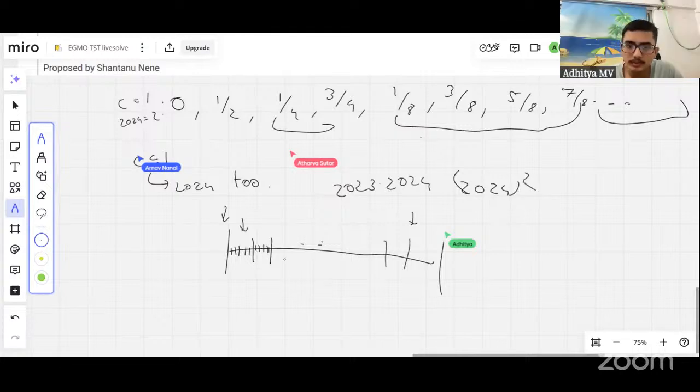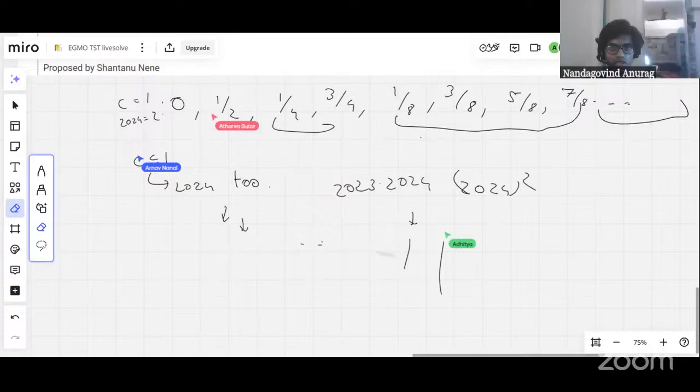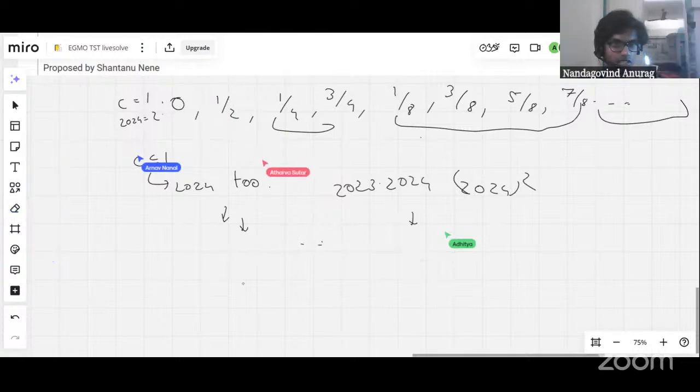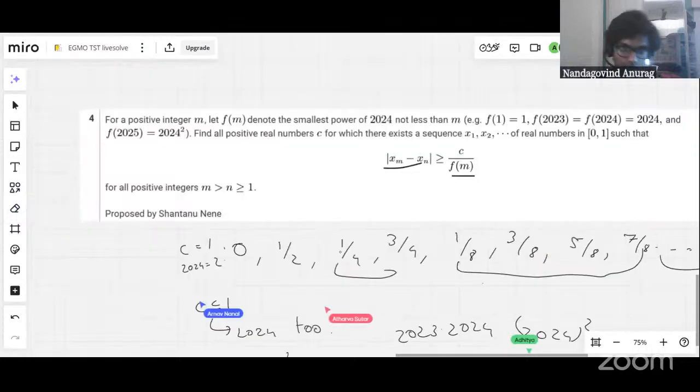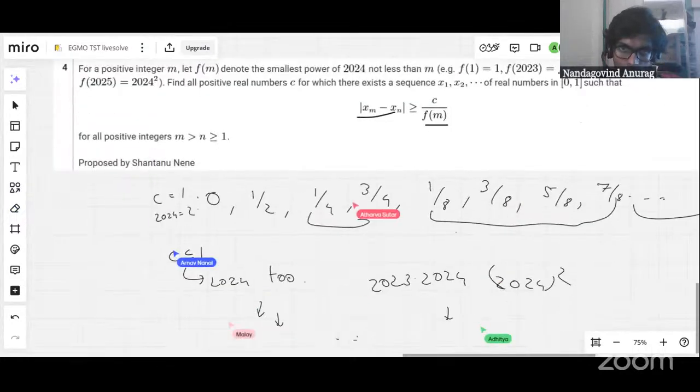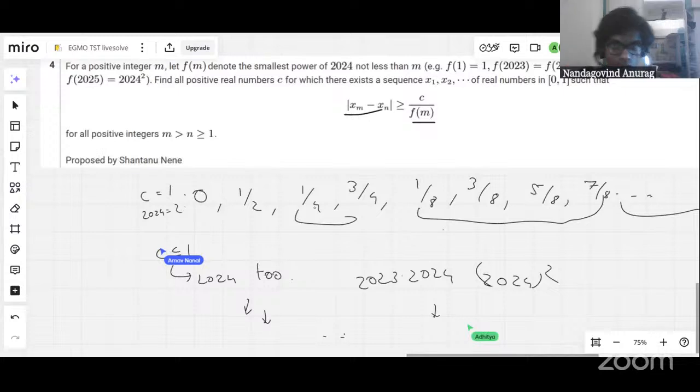Then you do the smaller partitions and so on. So c equals 1 works. And obviously, if c equals 1 works, then c less than or equal to 1 works, because the same sequence will have distances greater than or equal to 1 by f(m), which will be greater than or equal to c by f(m).